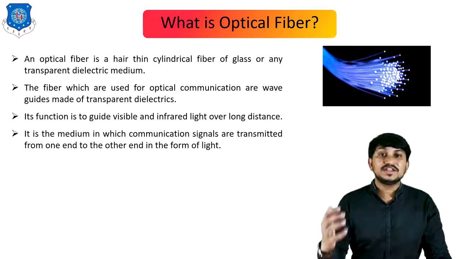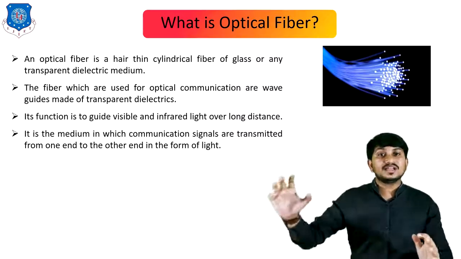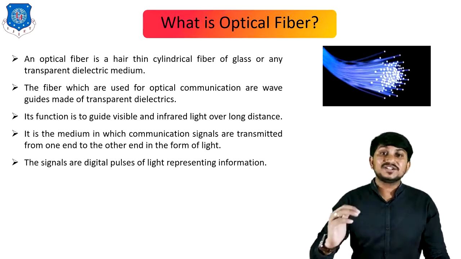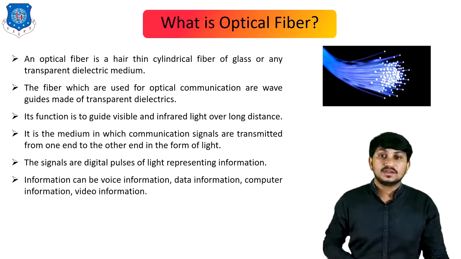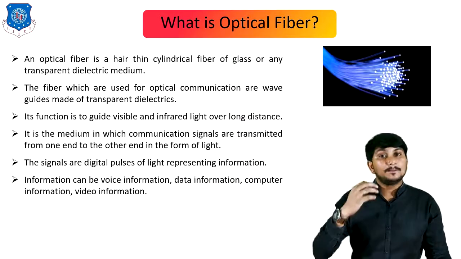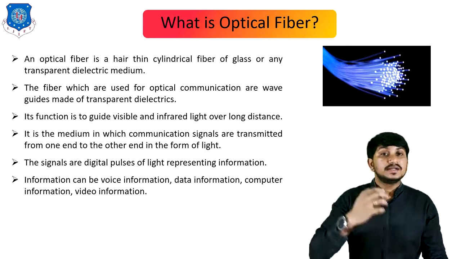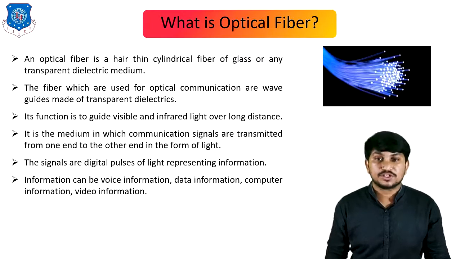It is the medium in which communication signals are transmitted from one end to the other in the form of light. The signals are digital pulses of light representing the information. The information passing through optical fiber can be voice, data, computer, and video information.